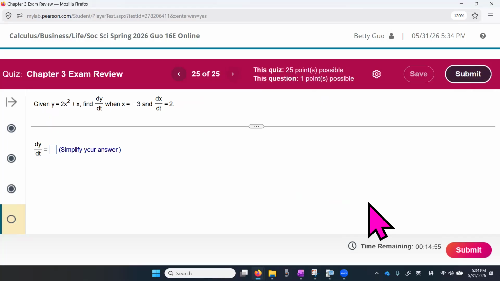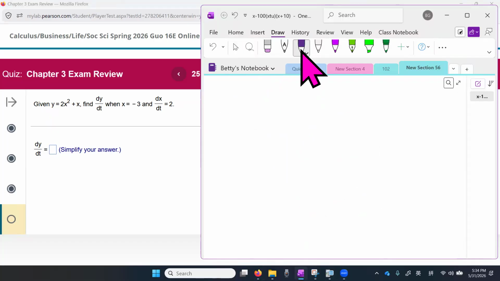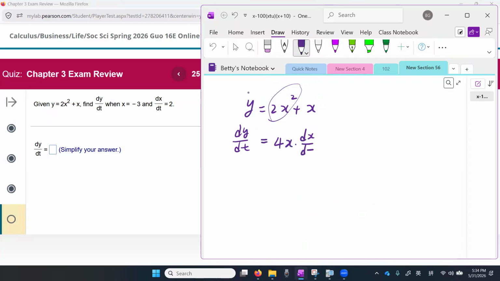This one is to find dy/dt. The equation that is given is y equals 2x squared plus x. We're going to take the derivative of the left side and right side of the equation with respect to t. dy/dt. This one, I'm going to take the derivative with respect to x first and then multiply by dx/dt. So that gives 4x times dx/dt plus dx/dt.